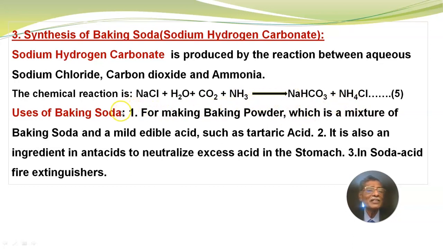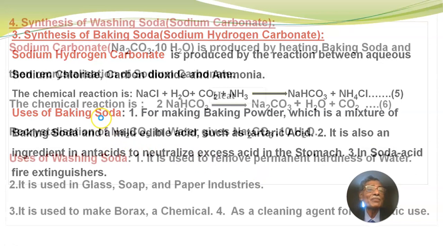And let us see the uses of baking soda. 1. For making baking powder, which is a mixture of baking soda and a mild edible acid such as tartaric acid. 2. It is also an ingredient in antacids to neutralize excess acid in the stomach. 3. In soda acid fire extinguishers.